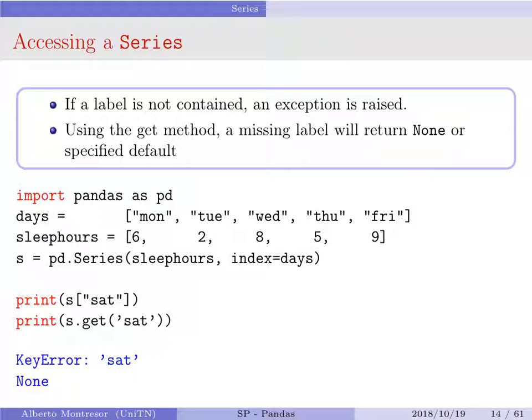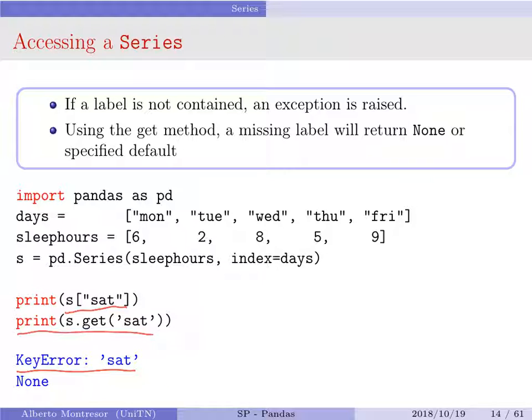Something that you may want to know is the fact that when you specify a label which does not exist, it gives you an error. I just simplified, just put the error, but this breaks the execution of your program, so that's it. But if you print s.get sat, it gives you none in the case the index is not present.